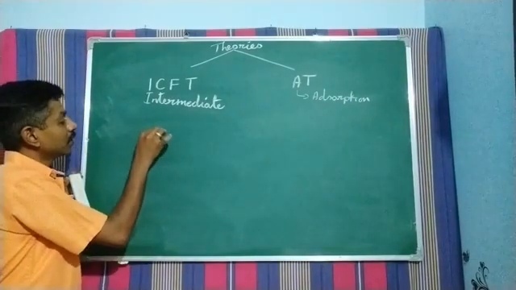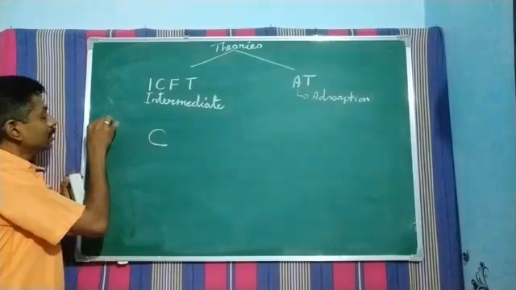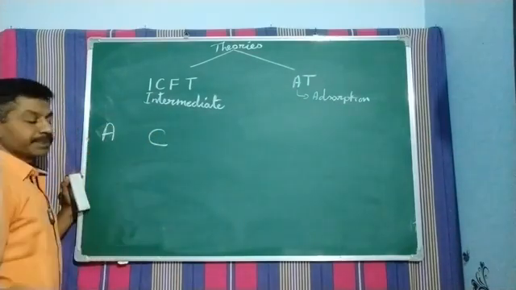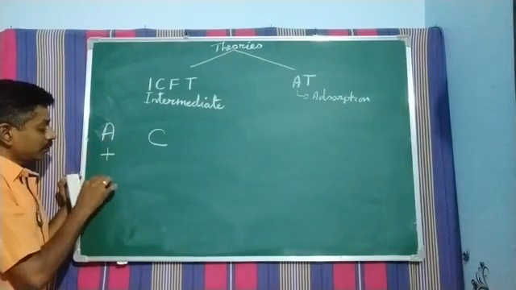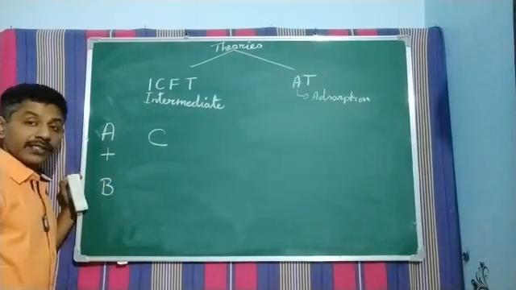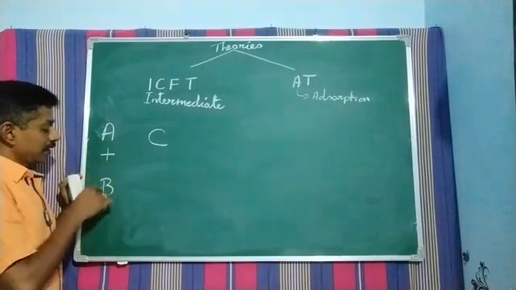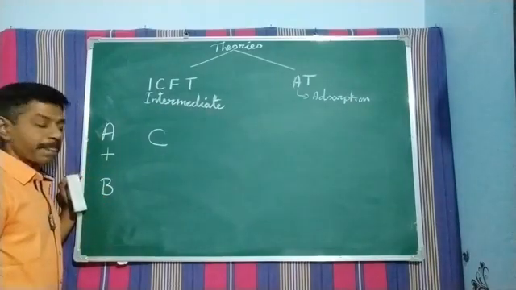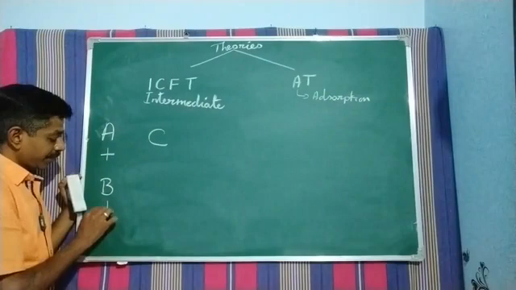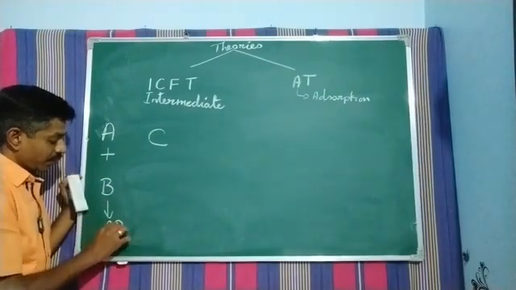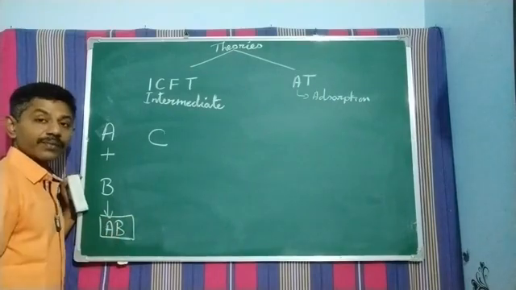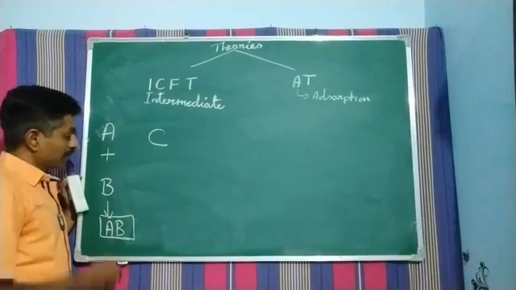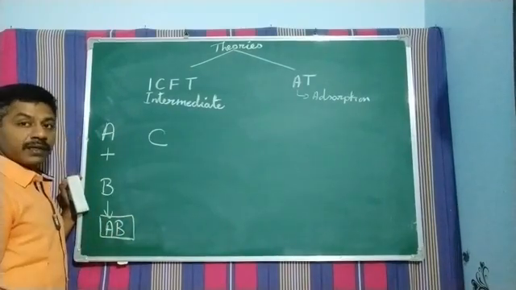For example, you are reactant A. You have to talk to your friend in Chennai. He is B. Both of you talk and have some discussion, that is a product formation AB. So this is the expectation.